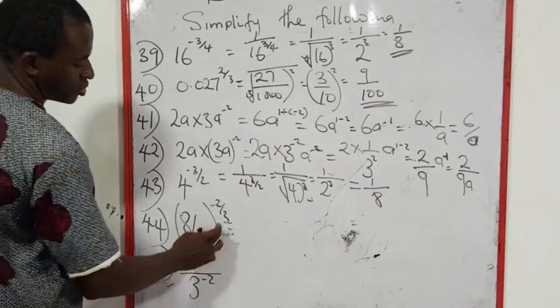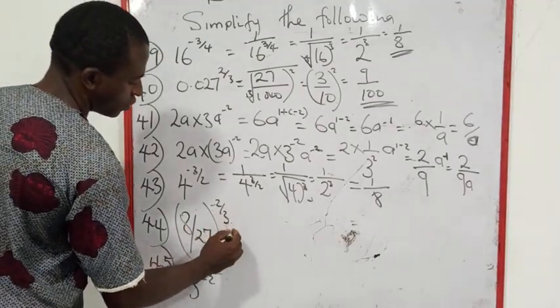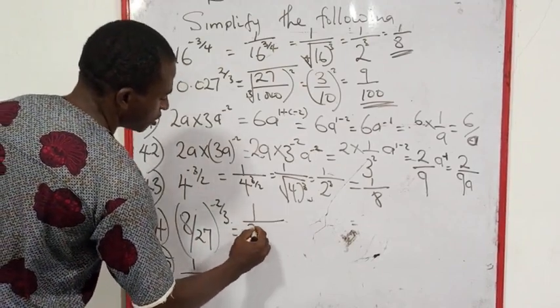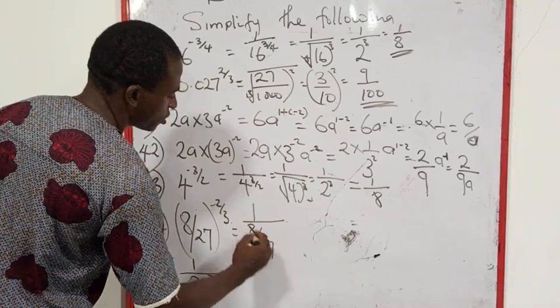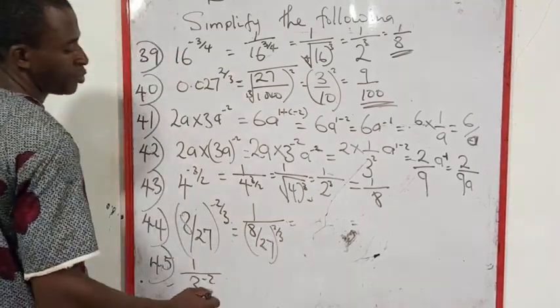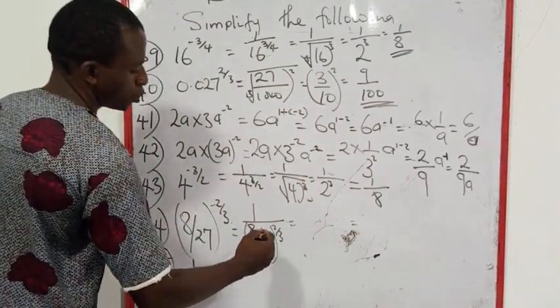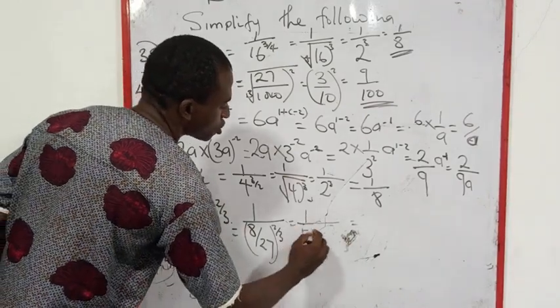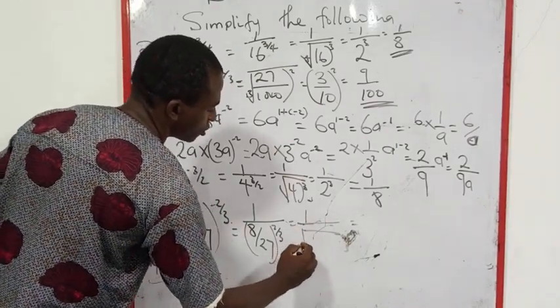This one is the next question to solve. 1 over this number, 8 over 27, and we remove the minus sign. Now we go 1 over the cube root. We are interpreting the 7th law now.